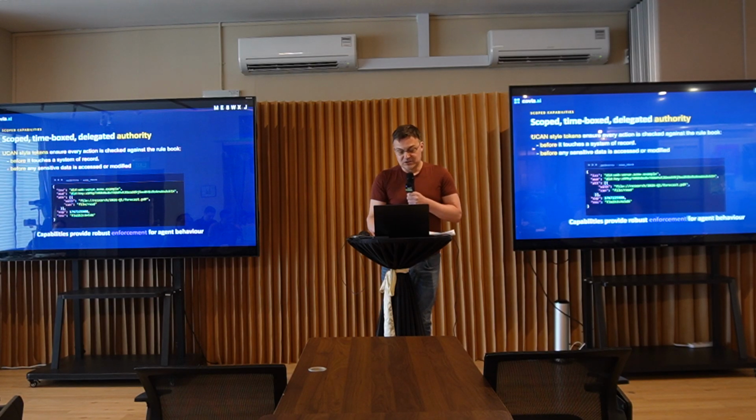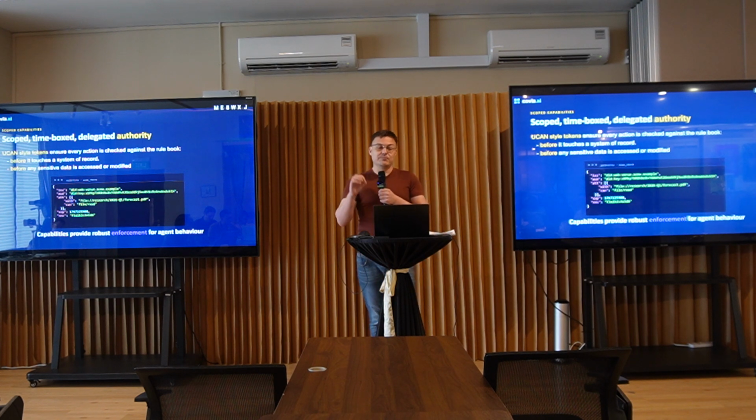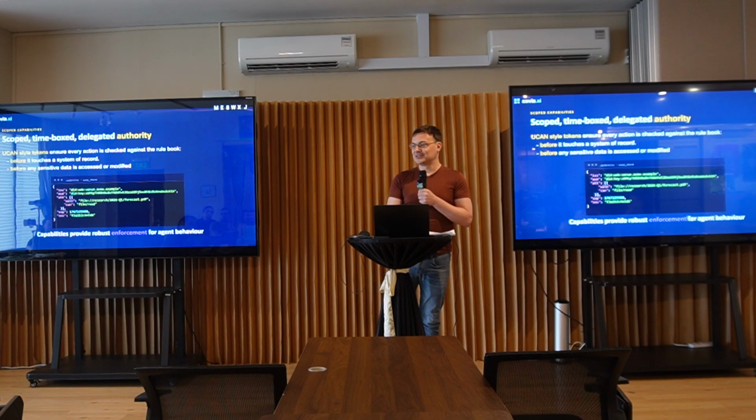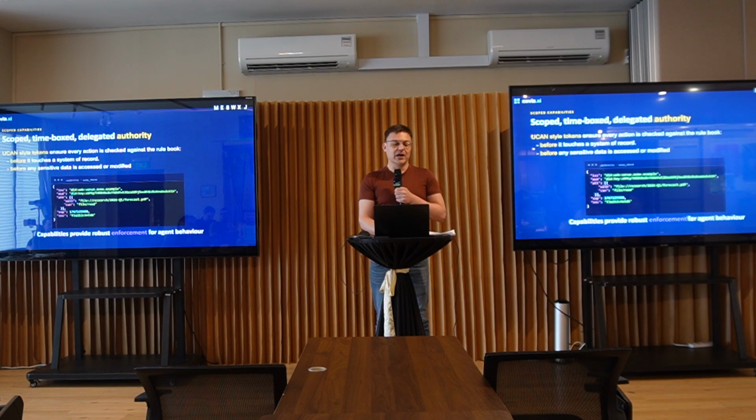And I think one of the things that's most critical is this idea of capabilities. These are effectively the tokens which grant the ability of an agent to do something. Again, we like standards, so we've co-opted this standard called UCAN, which is a way of defining capabilities in quite a fine-grained way.